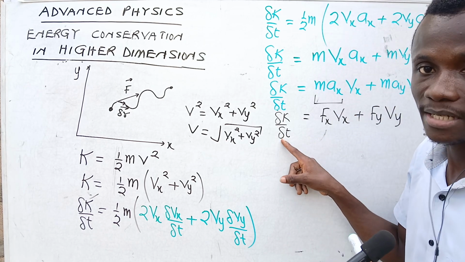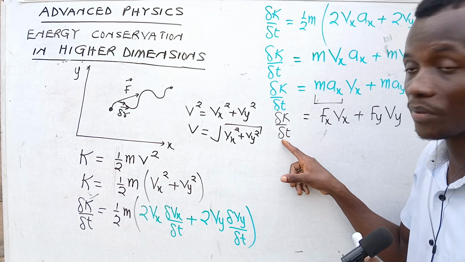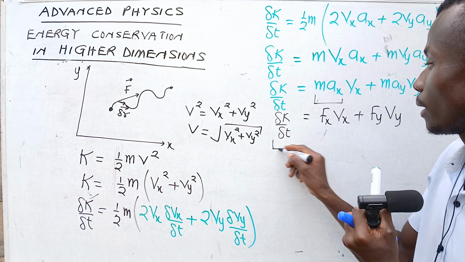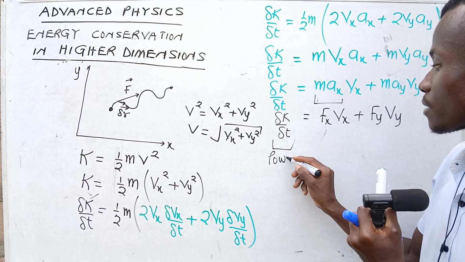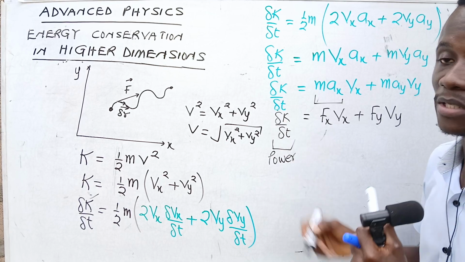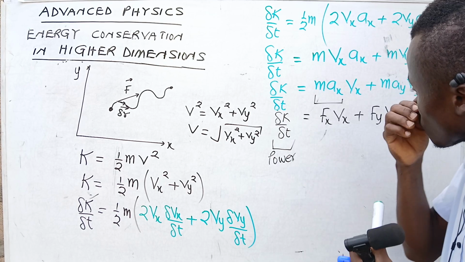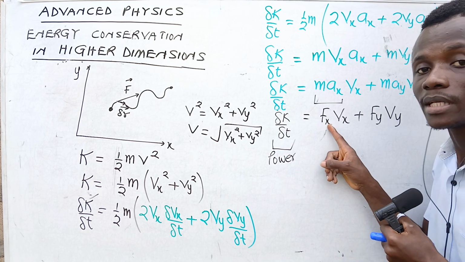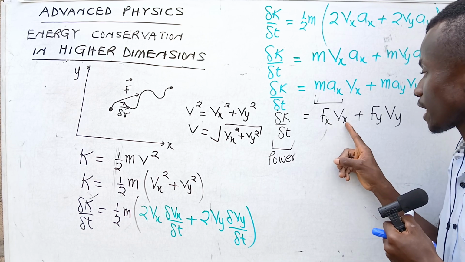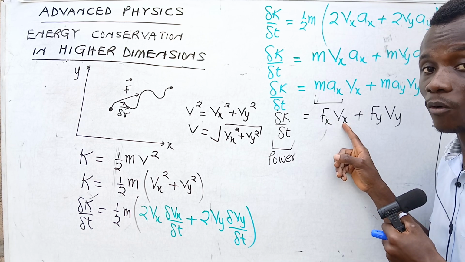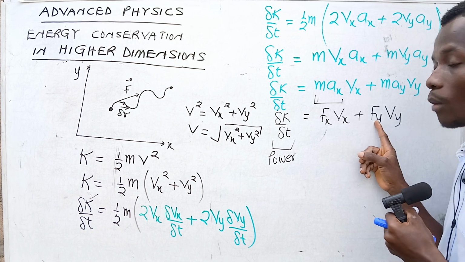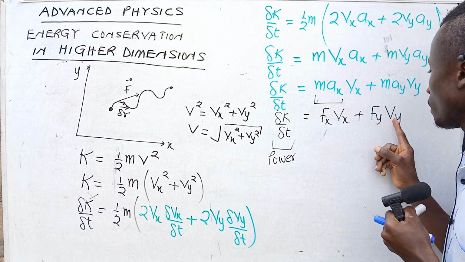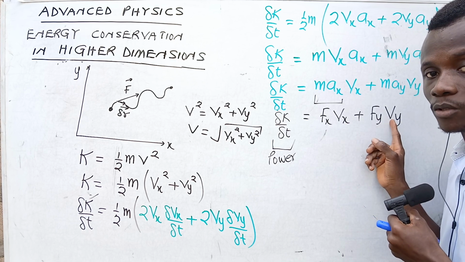Now, dK/dt, which is a change in the kinetic energy with respect to time, is called power. In physics, we call this power, the change in energy with respect to time, the rate at which work is done, is equal to the X component of a force vector times the X component of a velocity vector plus the Y component of a force vector times the Y component of a velocity vector.